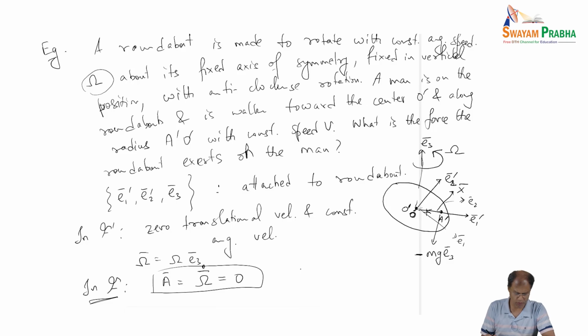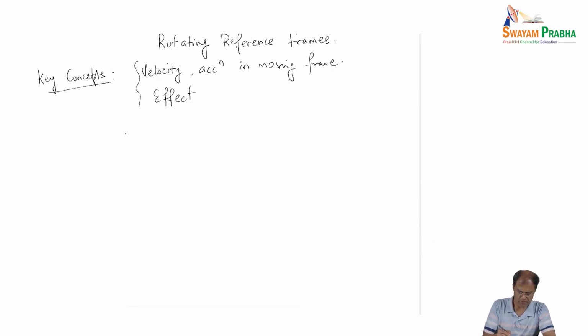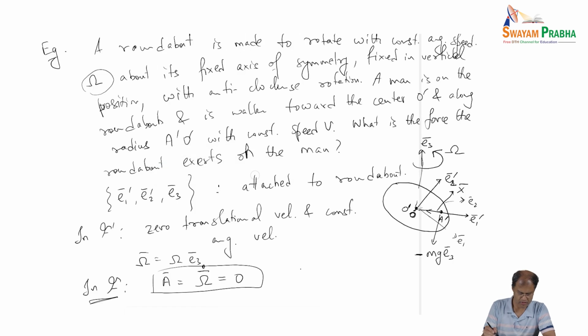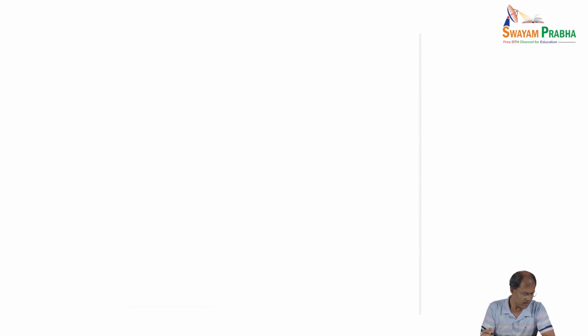Now let us write down the force balance. So in my moving frame, what we see is my position vector of the person is changing, let's say x1 E1 prime. So the person is moving towards the center. So we can denote our E1 prime direction as our radial direction, pointing towards the center or moving out of the center.